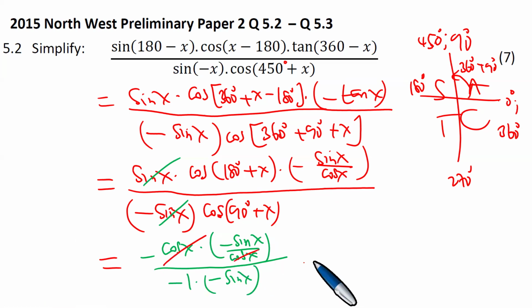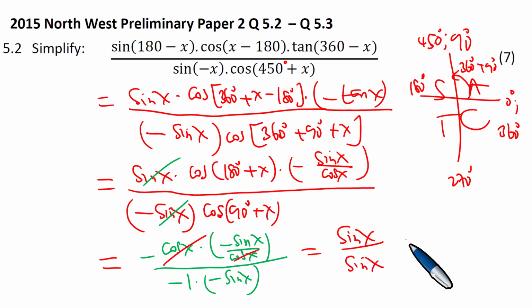Cosine cancels, which is plus sine x. And then this is exactly sine x, and this is 1.